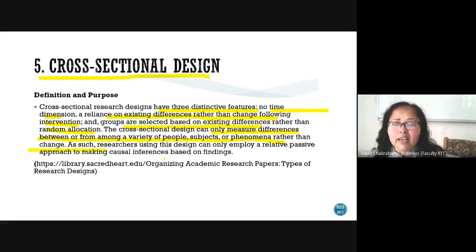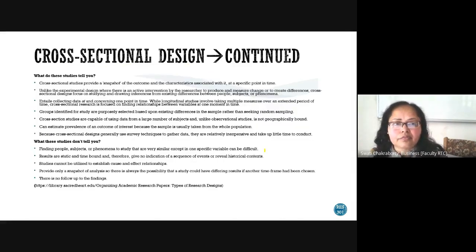change, right? And as such, researchers usually use this method when we look into making causal inferences based on findings. What do these studies tell us? They provide a snapshot of the outcome and the characteristics associated with it at a specific point of time.